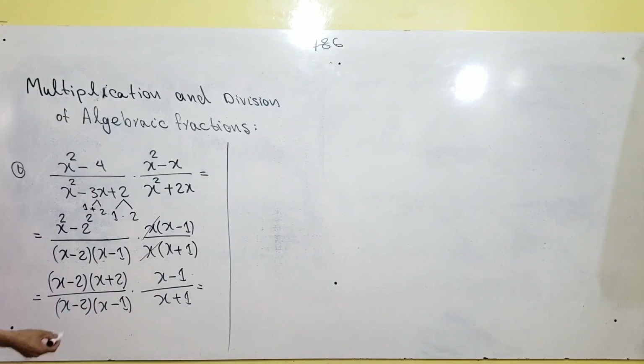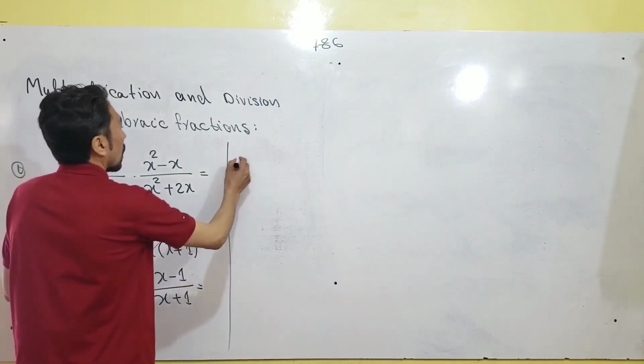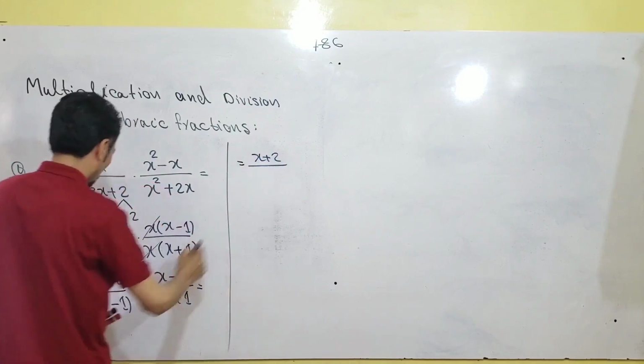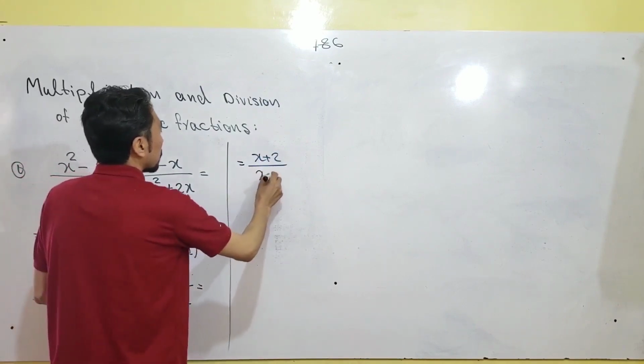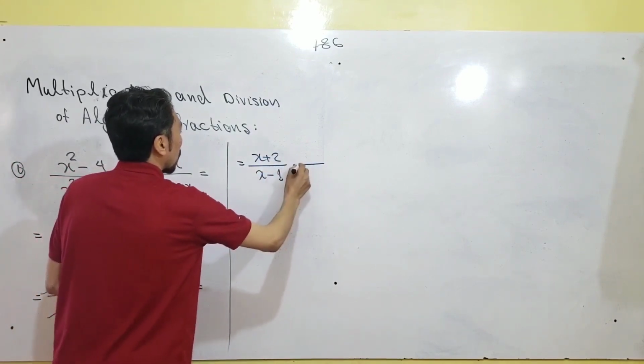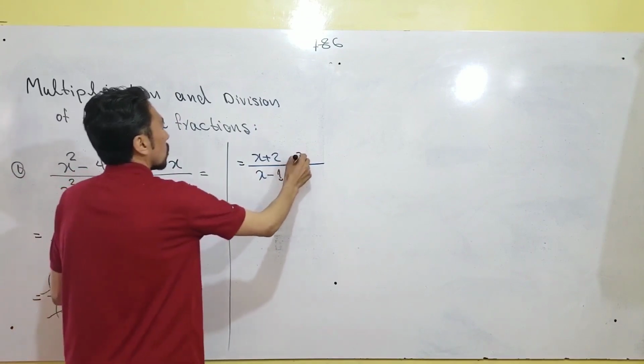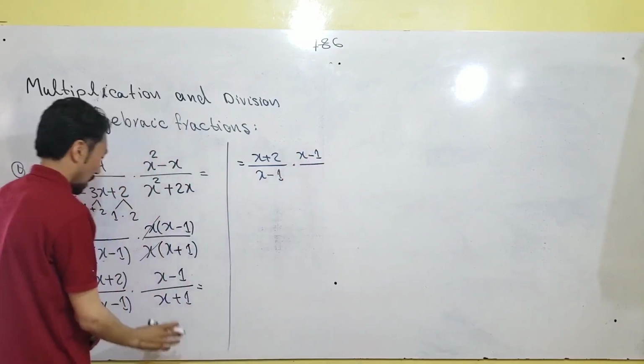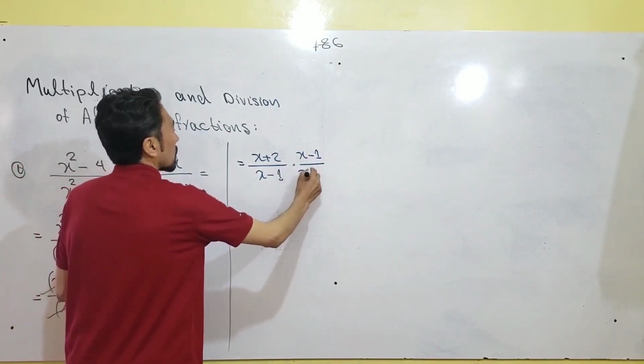Also we can cancel x minus 2 divided by x minus 2, which is 1. Here remains (x plus 2) over (x minus 1) multiplied by (x minus 1) over (x plus 1).